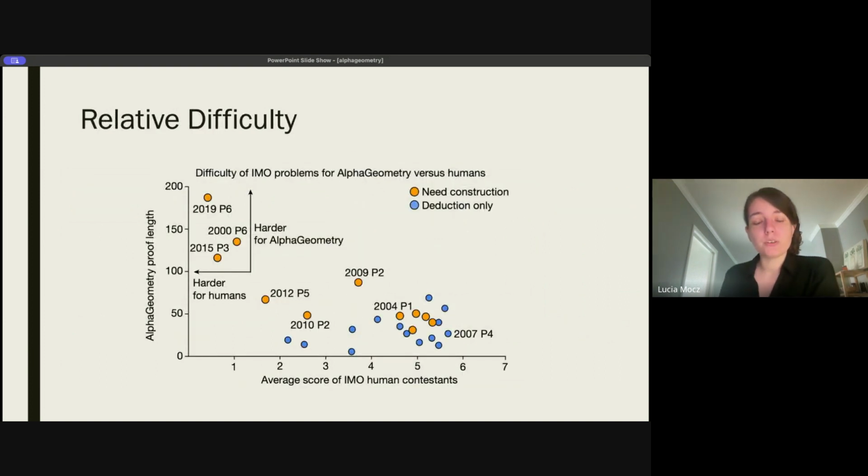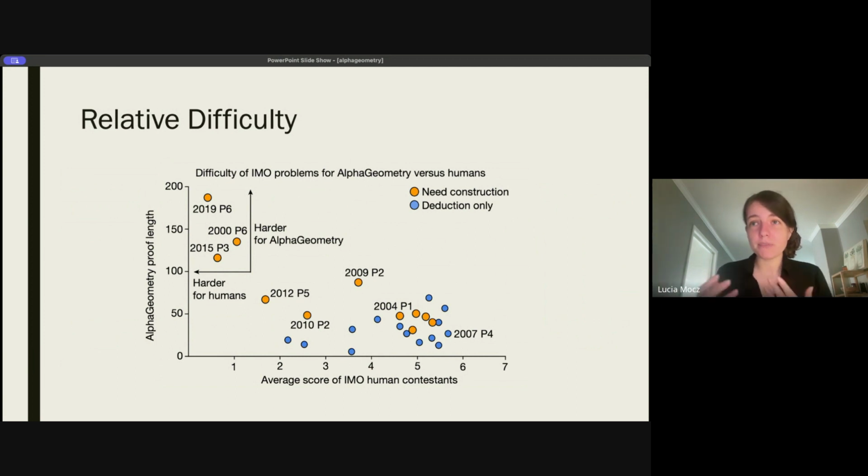What's an interesting graphic is to note what is relatively difficult for AlphaGeometry versus for a human. Now, you measure something as being difficult for a human if they scored low on the problem. And you measure something as being difficult for AlphaGeometry if the number of proof steps is very long.